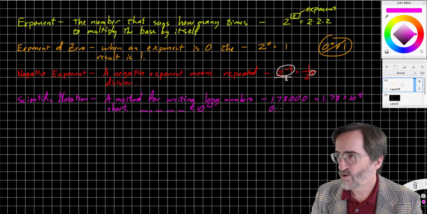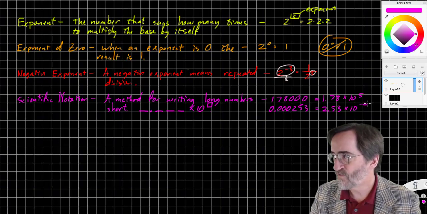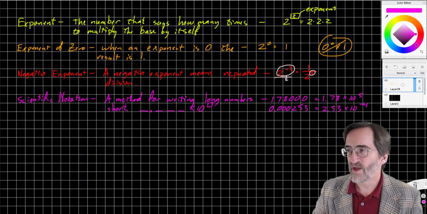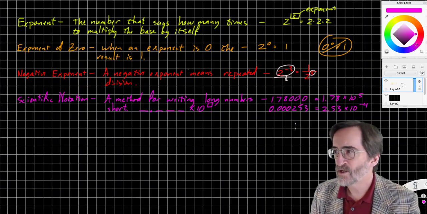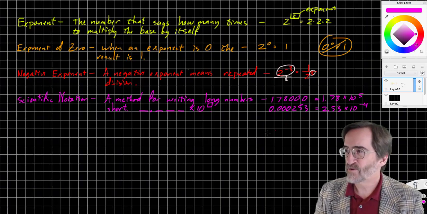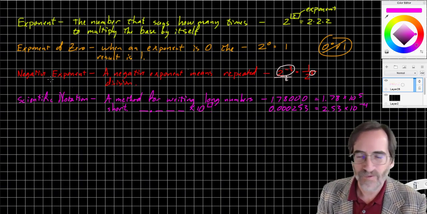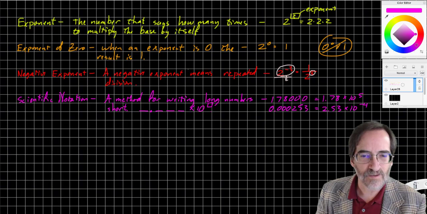And 0.000253 is 2.53 times 10 to the negative 4. Notice that negative exponents are for small numbers because they involve dividing by 10. Positive exponents are for big numbers because they involve multiplying by 10. Okay, that's lesson 2. Let's see what else there is.